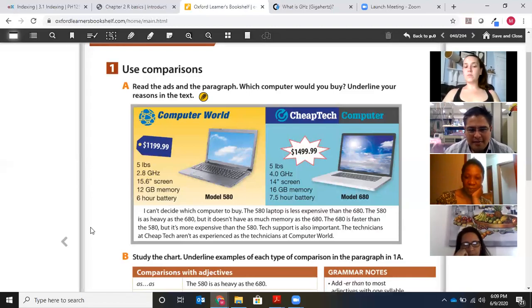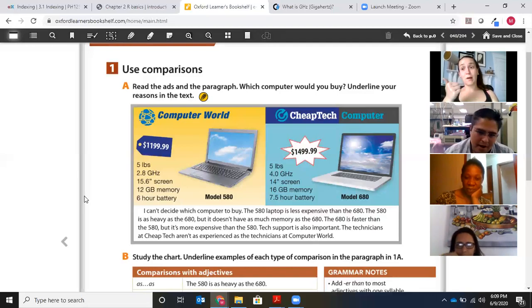But what are some comparisons in favor of the Computer World computer? Why should we get that computer? The technicians at Computer World are more experienced. Yeah, exactly. So these guys are more experienced. Good. And what are maybe two other reasons why? The price. The price, right?